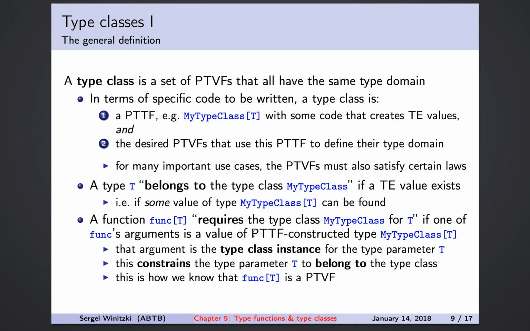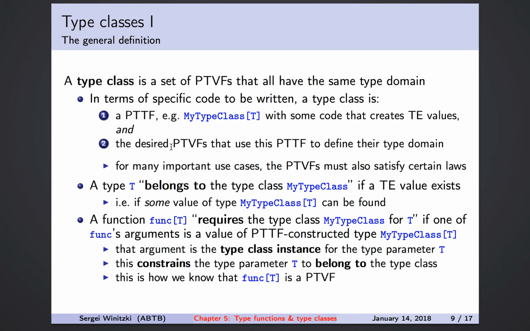So in terms of specific code that needs to be written, a type class is two things. First, it's a partial type to type function. So it's a type constructor with some code that creates specific type evidence values of specific types, T, and that defines the type domain. Second, it is the code for the desired PTVFs.